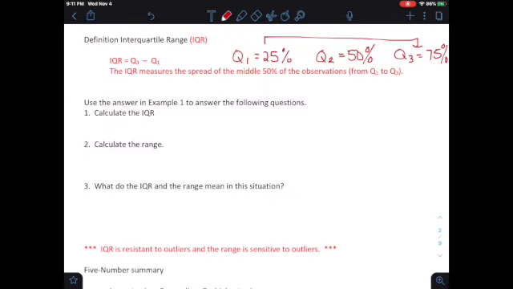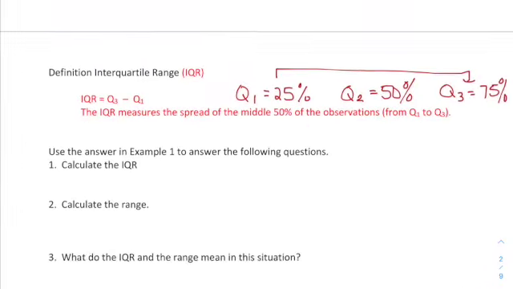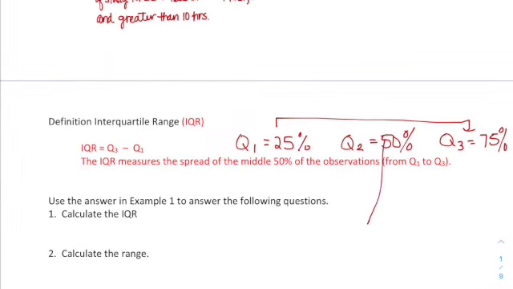Okay, so think about this. 75 minus 25 is the middle 50%. Now the next question is asking, use the answer from example 1 to answer the following question. Calculate the IQR, in this case the interquartile range. So let's go back up and look at some of the numbers.